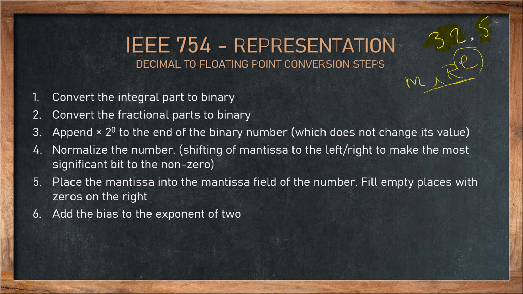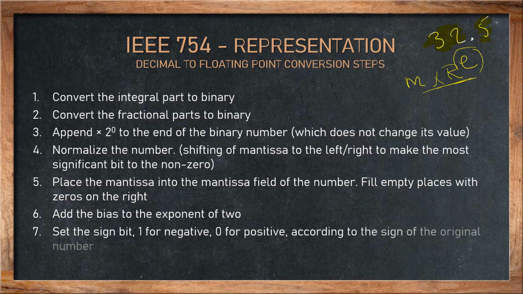So again you need to convert it into binary. Finally, you have your sign bit, exponent and mantissa. Arrange all the bits in the specific blocks, and after that, finally display your answer in hexadecimal. So these are the steps to change a decimal number into a floating point number.